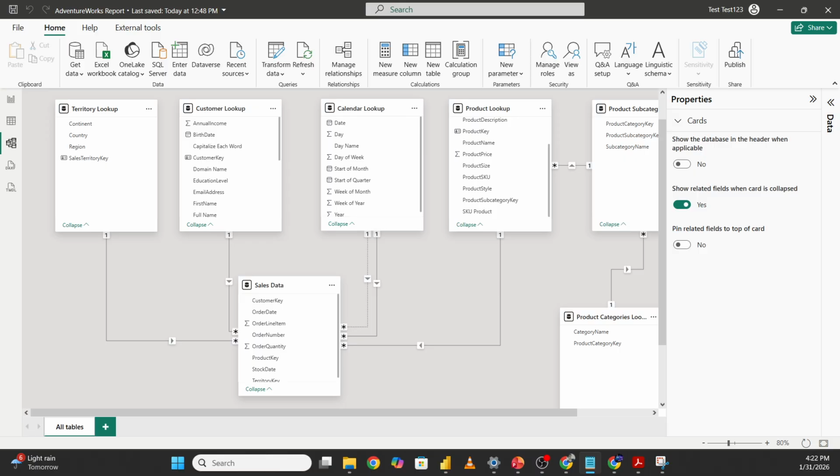Now coming to the topic: cardinality. Relationship cardinality is one to one, one to many, many to many. In this video, I will explain relationship cardinality, when to use one to one, when many to many is the diagnosis, and how to fix it with a real dataset.